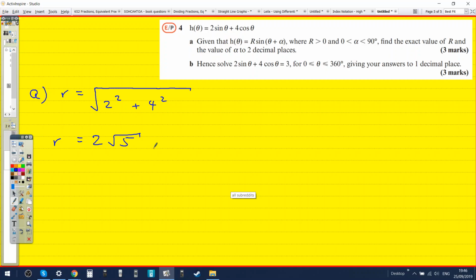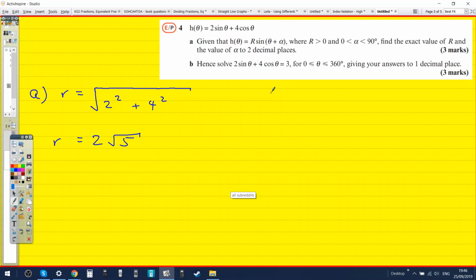And it's sine and cos, so you can do tan. No, they put it in the form of r sine theta plus alpha. Okay. So use the sine formula. So sine alpha equals 2. Yep. And cos alpha equals 4. Mm-hmm. So then we do 2 over 4 arctan.